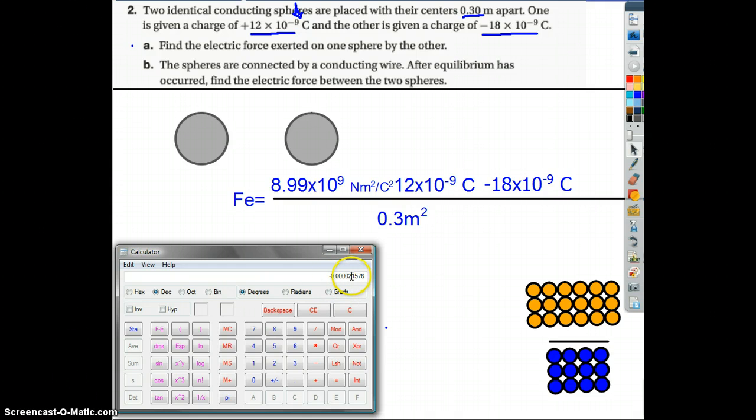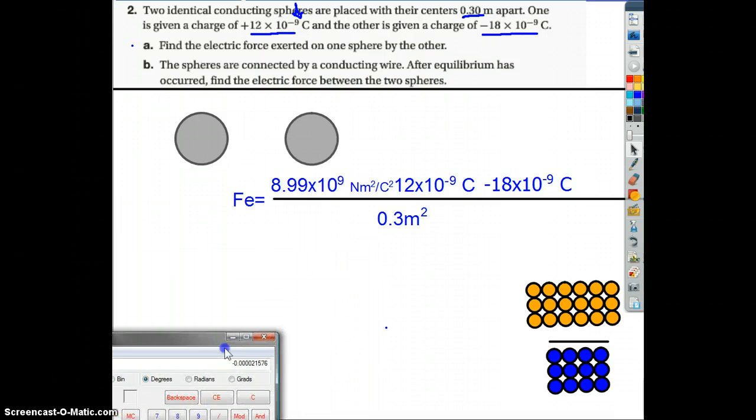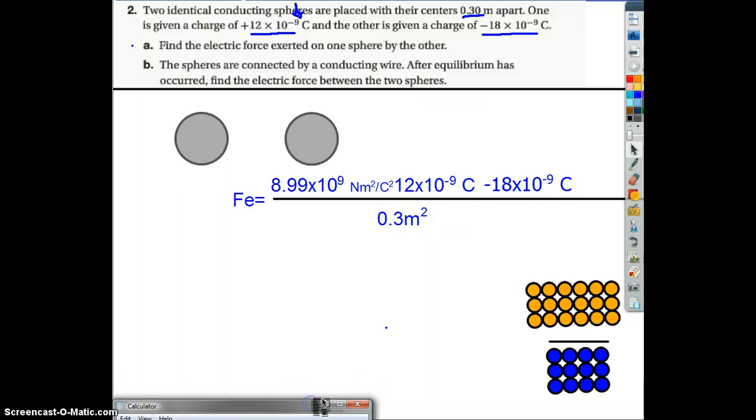So it'd be 2.2 times 10 to the negative 5th. Now, like I said, I don't have the teacher's manual in front of me. I would not mind if you guys look at the teacher's manual. It doesn't bother me one bit to double check my work even. Okay. So that's part A of number 2. Now let's talk about part B for number 2.